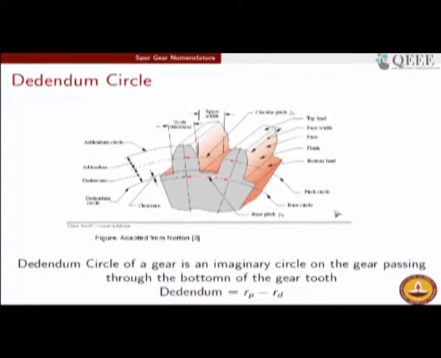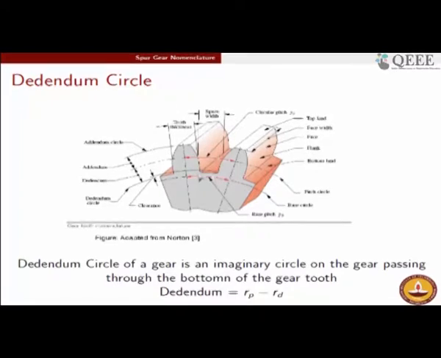The dedendum circle is the circle which is passing through the innermost region of the tooth, or the base of the tooth, if you may say, but the technical word base circle is reserved for something else. It is a circle which is passing through the bottom of the tooth, just like the addendum circle is passing through the outer periphery or the top of the tooth.